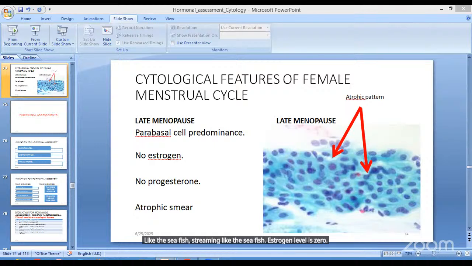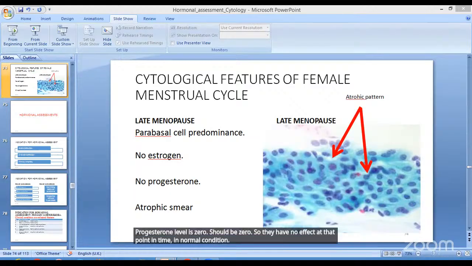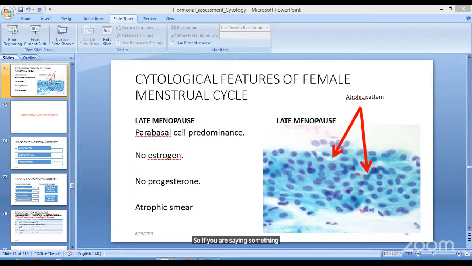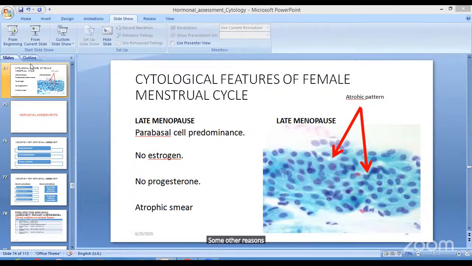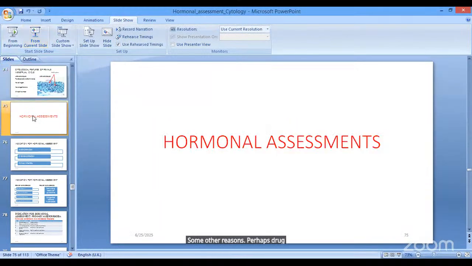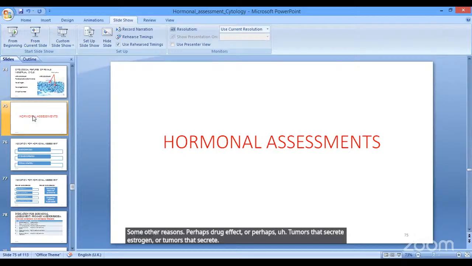Progesterone level is 0, should be 0. So they have no effect at that point in time in normal conditions. If you are seeing something besides that, then we have to start querying other reasons, perhaps drug effect, or perhaps tumors that secrete estrogen or tumors that secrete progesterone.